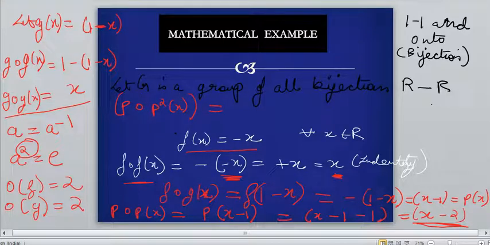You have to put x minus 2 here, so in this part, x minus 2 minus 1, that is equal to x minus 3. And so on, it will continue.